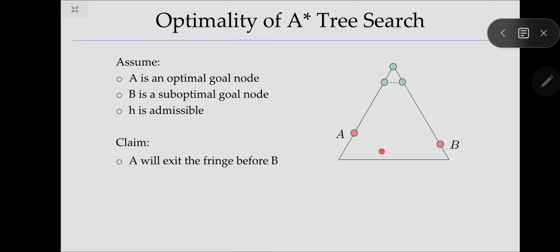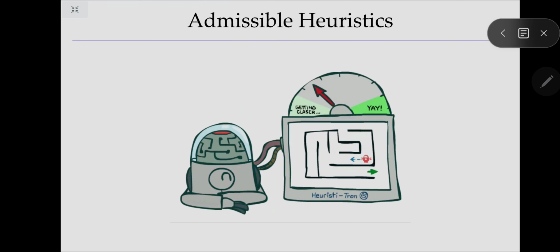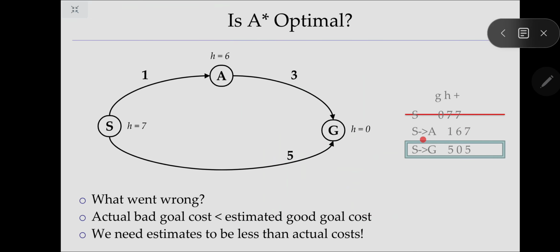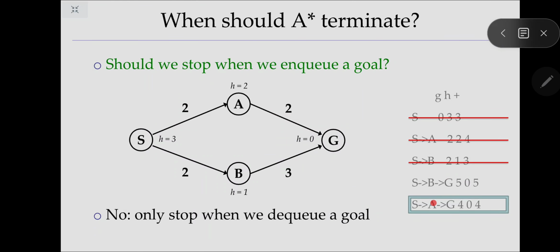The second assumption: B is a suboptimal goal node. As you remember in the previous example, S-A-G is the optimal solution, and the cost of this path is gn equal to 4, fn equal to 4. Both of them are equal.